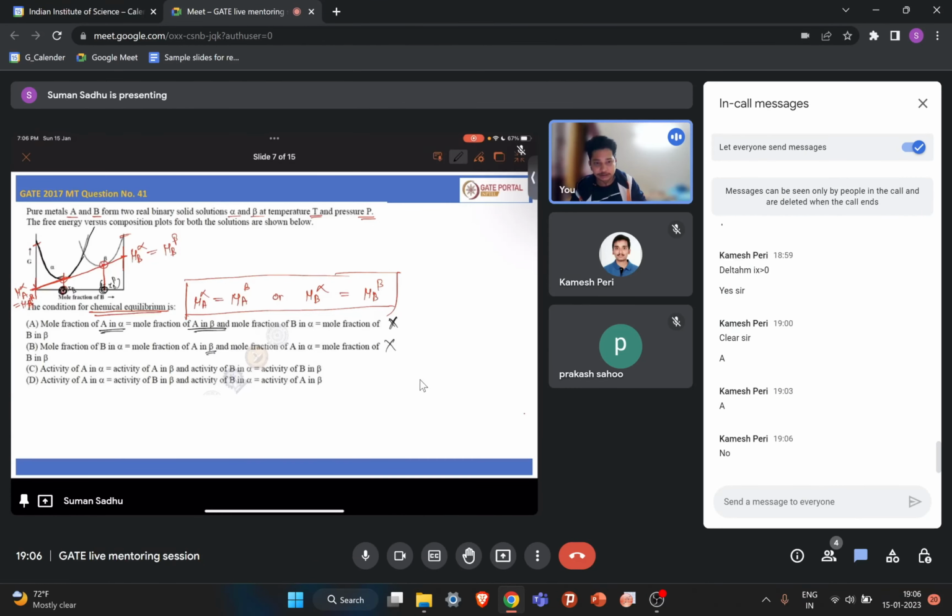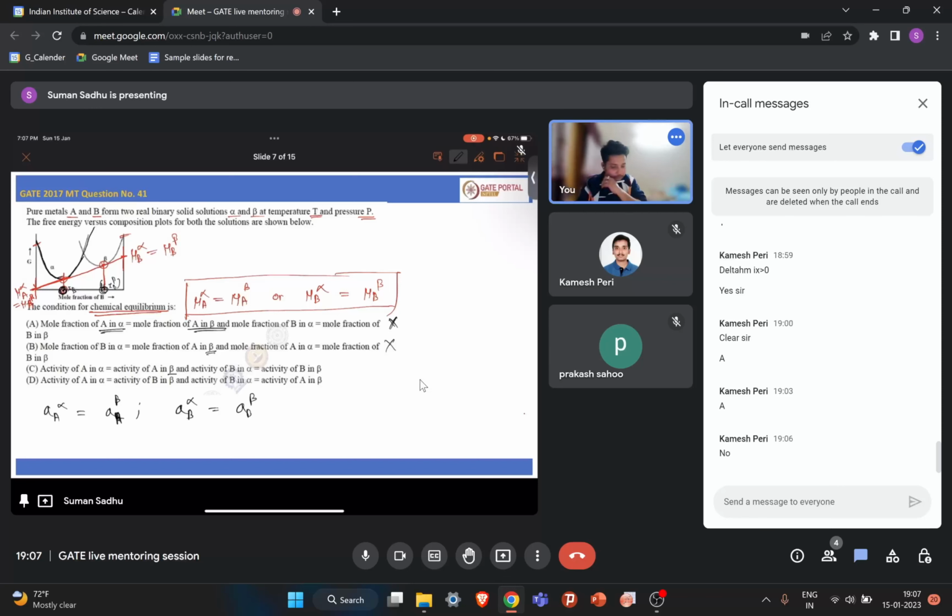And option C is: activity of A in alpha is equal to activity of A in beta, and activity of B in alpha is equal to activity of B in beta.